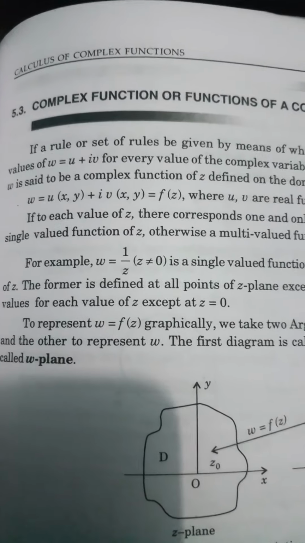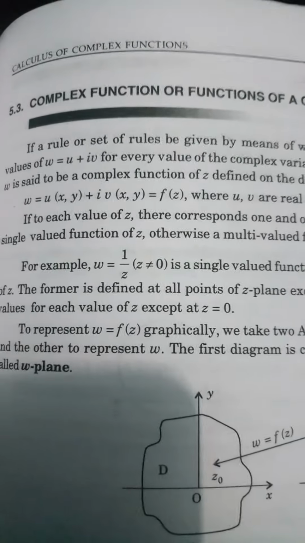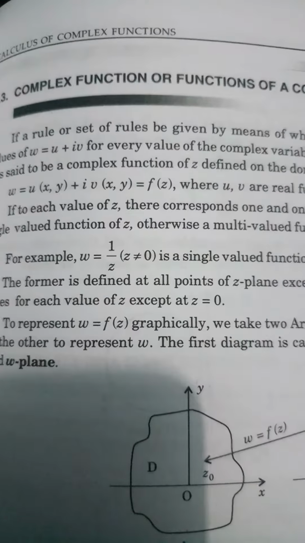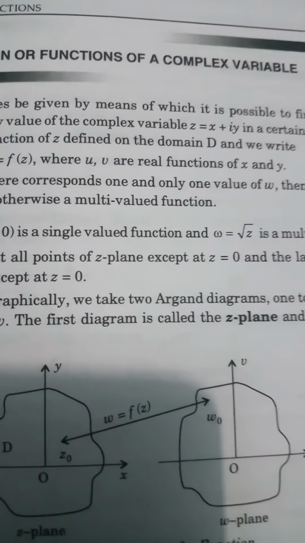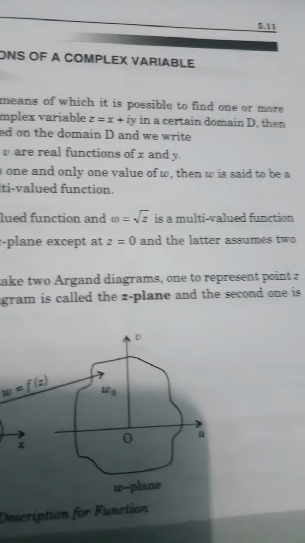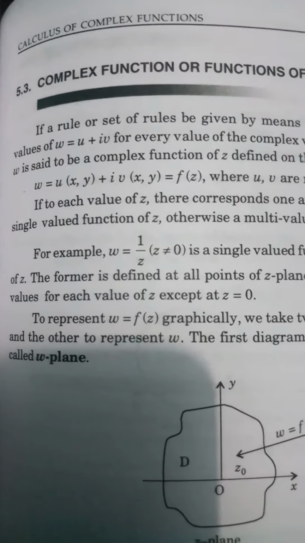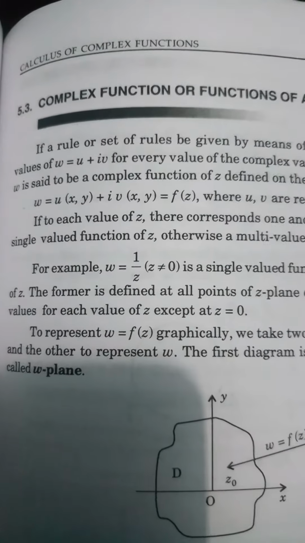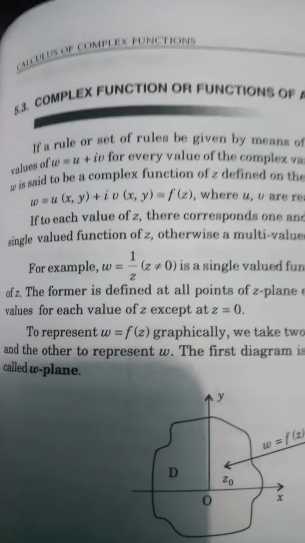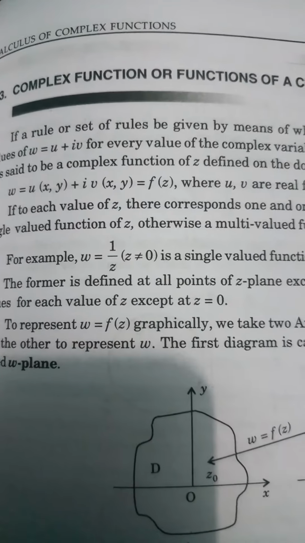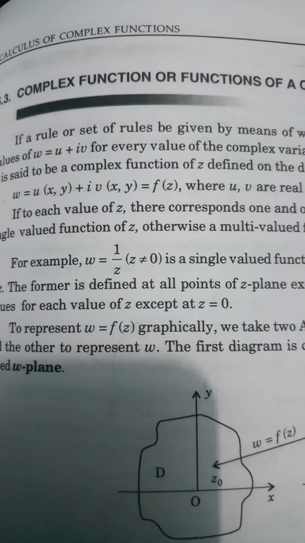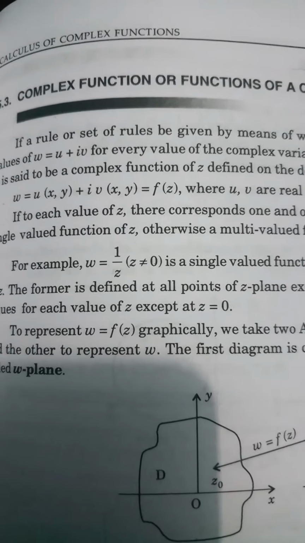So according to this, if a rule or set of rules be given by means of which it is possible to find one value of w or more values of w, a complex number u plus iota v. Iota here is the square root of minus 1.